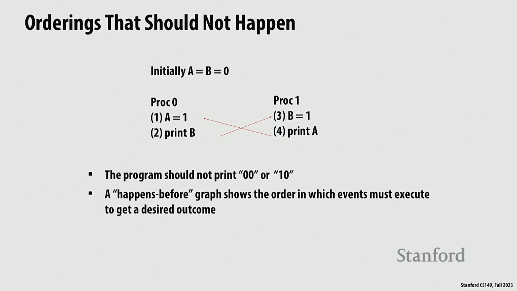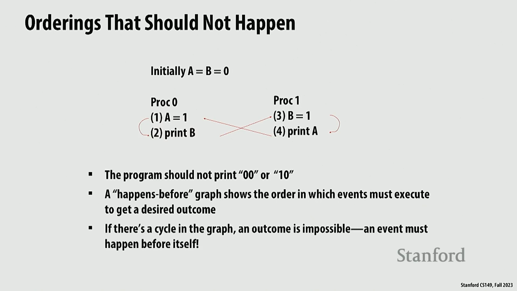We know the program order on any particular thread is statement 1 before statement 2 and statement 3 before statement 4. So we put those arcs in, and then what we have is a cycle. When we've got a cycle, we know that the outcome's impossible because an event must happen before itself. And so that says we can't get 0-0 and we can't get 1-0.